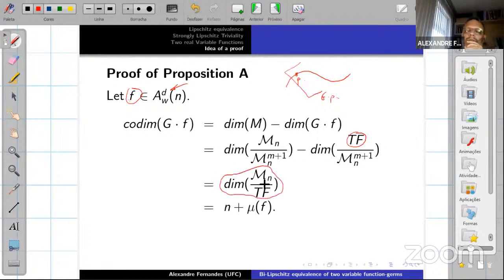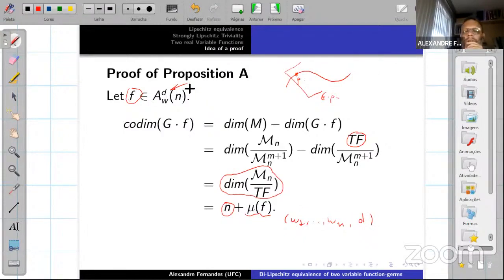But we know this dimension is equal to the number of variables plus the Milnor number of f. And since we are weighted homogeneous, this Milnor number depends only on the weights and the degree of f. So this Milnor number does not depend on f. Okay?